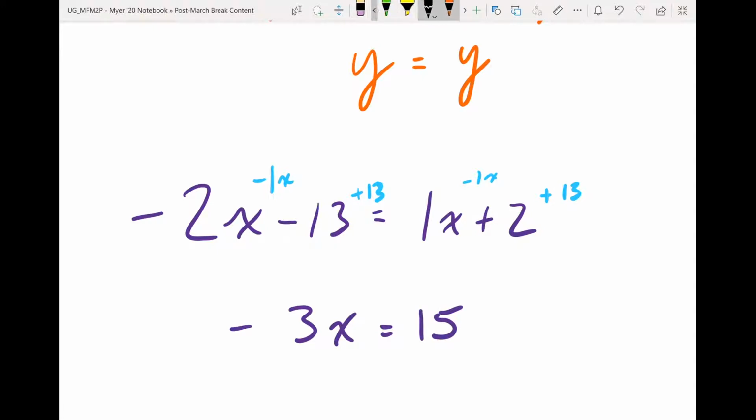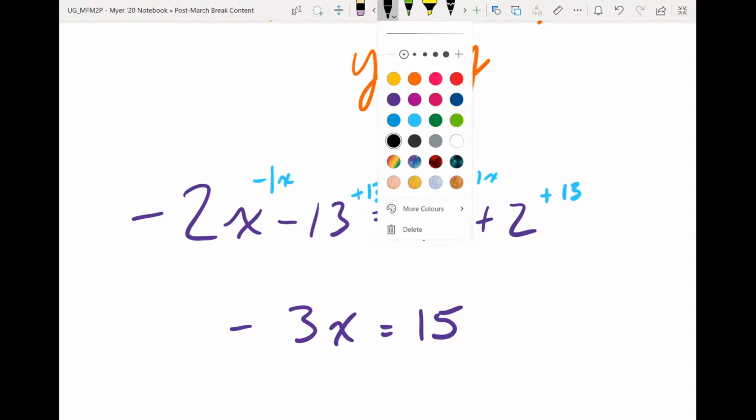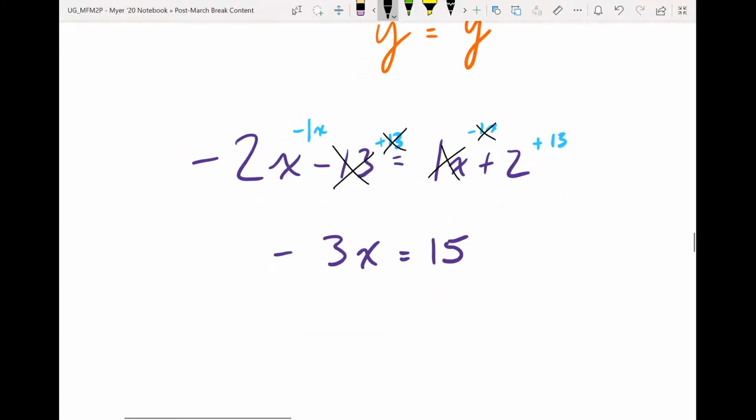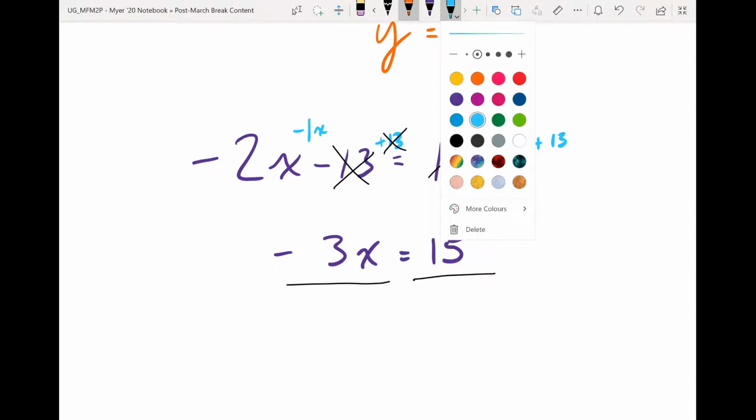Yep. So these cancel out, and these cancel out. And then we have negative 3x equals 15. Yeah, so how do I get rid of that negative 3? You're gonna add 3. So at this point, we've separated the sides, right? Once we have all the x terms by themselves on one side, divide.